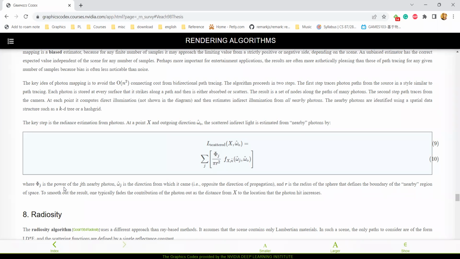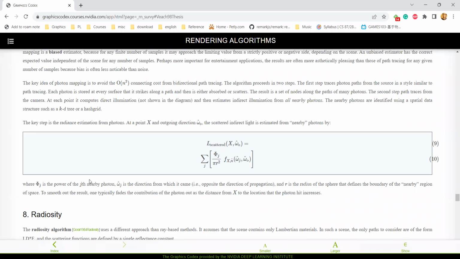Where phi j is the power of the j-th nearby photon, and this is a sum over all the nearby photons. And omega j is the direction from which it came. R is the radius of the sphere that defines the boundary of the nearby region of the space. And this f is just a BRDF. That makes sense.